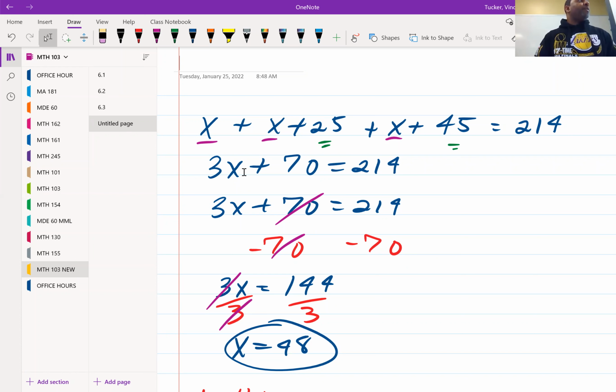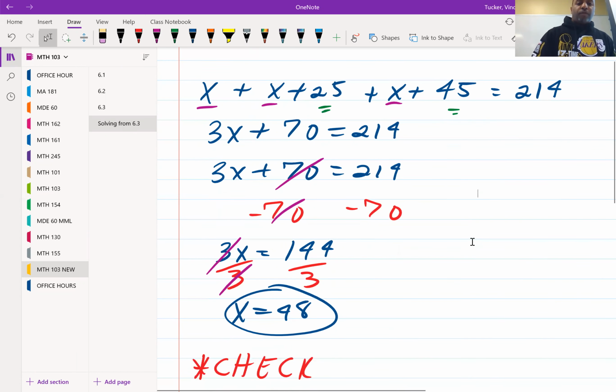So we now have 3X plus 70 equal to 214. Subtract 70 from both sides, and that'll be 3X equal to 144. Then divide by 3, X is equal to 48.